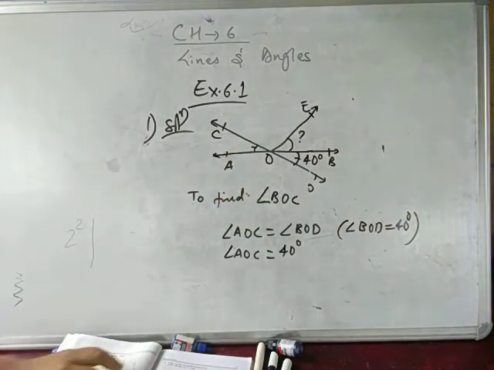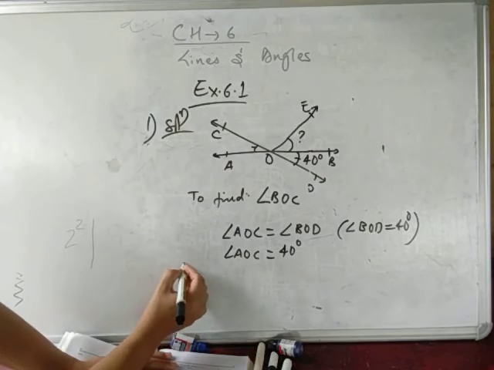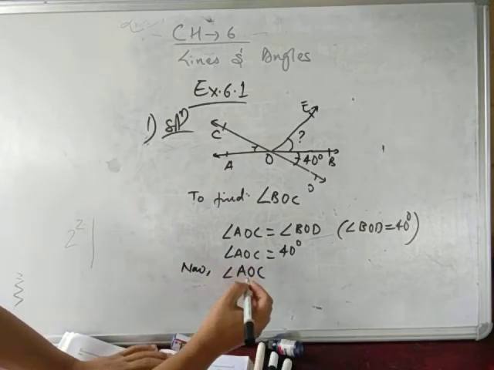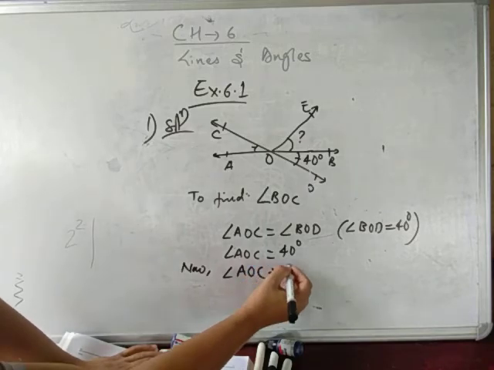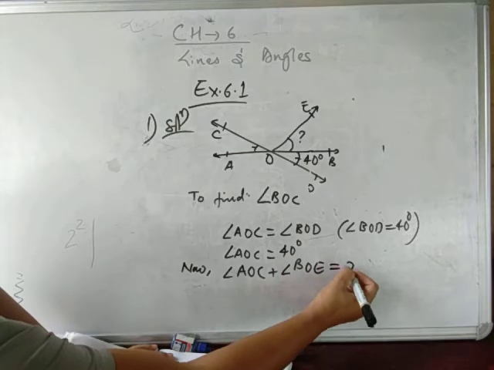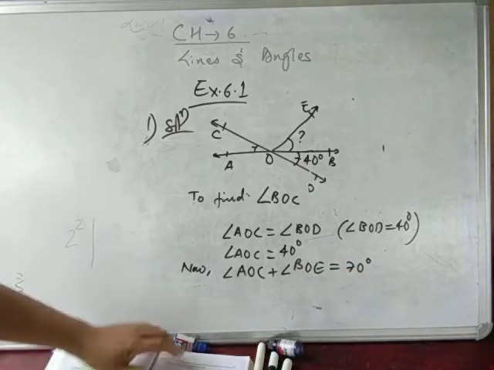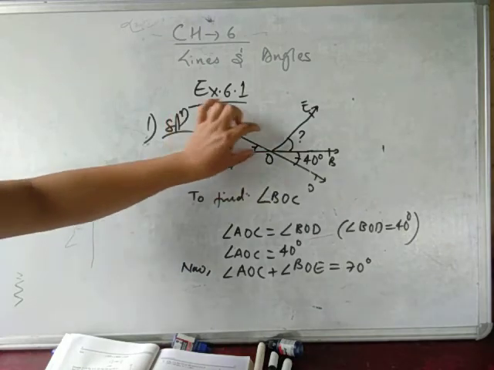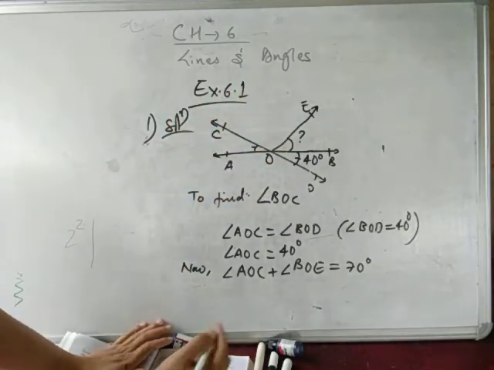And next, see, angle AOC plus angle BOE equals how much? 70 degree. If you add these two, you will get 70 degree. Then angle BOE how much?